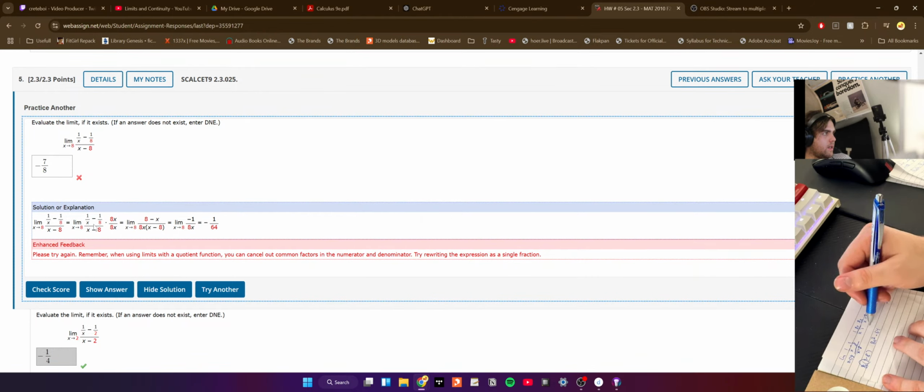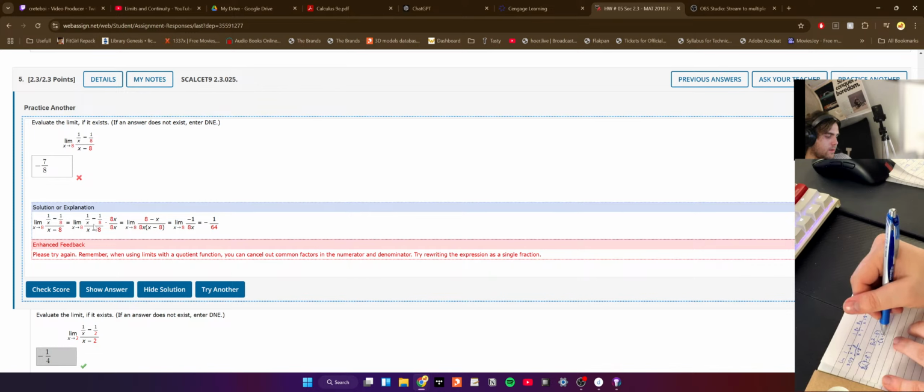So did he factor that, making that a negative 1? Oh, he did, because, okay, now I understand, because he did this thing again: x minus 8 over 8x, minus x over 8, and then he got negative 1 over 8x.